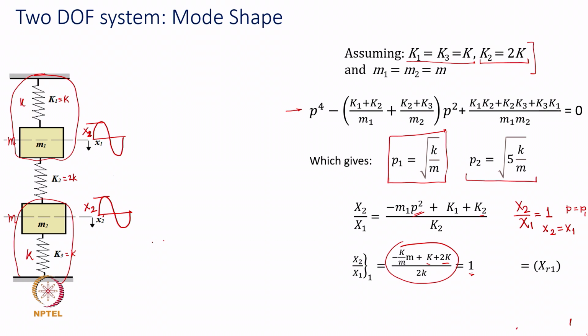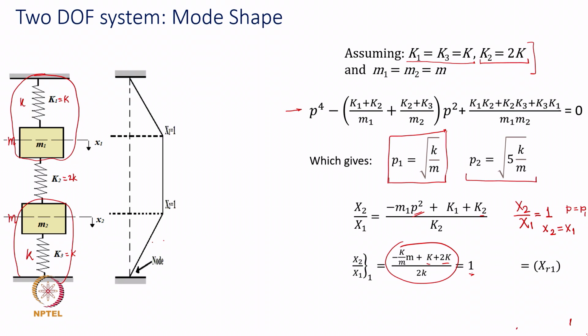Okay. And if I want to now show this shape in the form of a figure here, instead of showing the motion in the vertical direction, which is basically the degree of freedom, it becomes easier for me to represent that motion or amplitude in the lateral direction, horizontally.